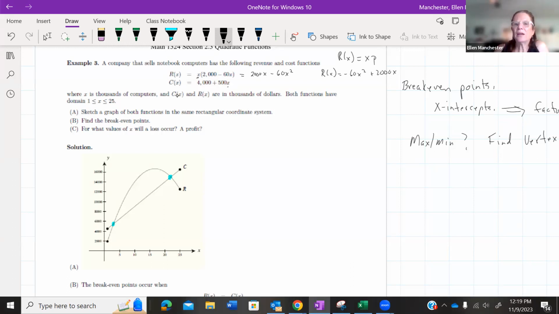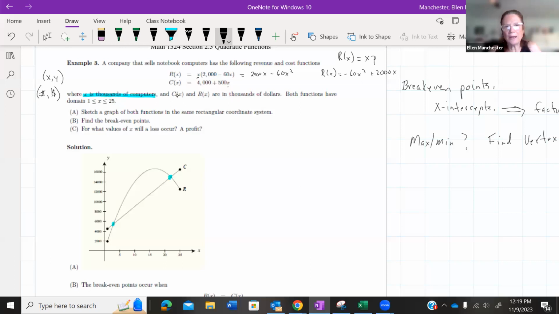All right. The other thing to notice when you're doing word problems is always identify what the variables represent. So in this case, the x is thousands of computers. So it's the number of products. Remember, x is always in the form of the number of products, and y is the dollar amount.